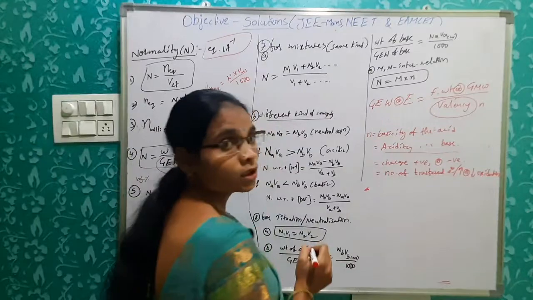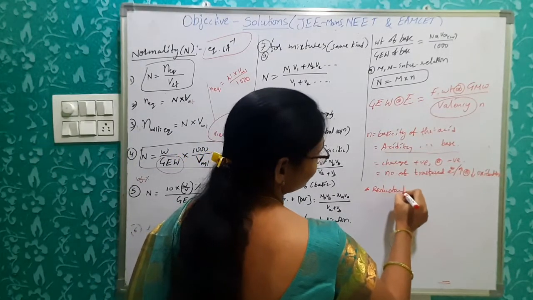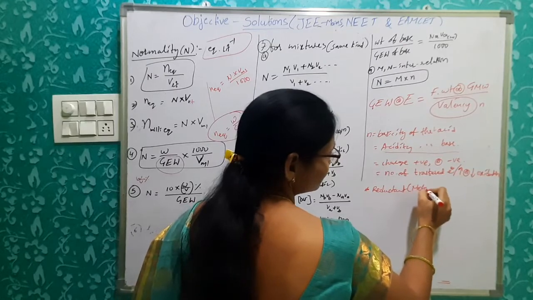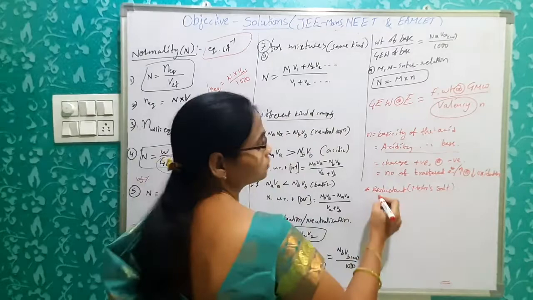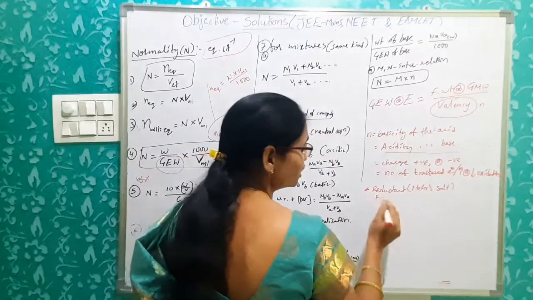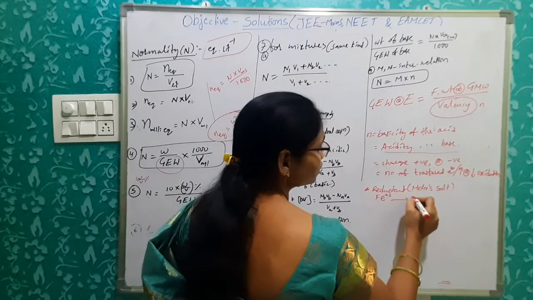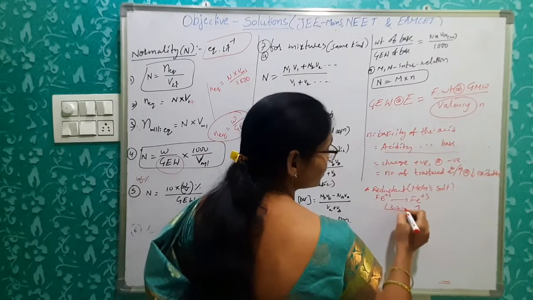Okay, next you can take reductants. A reductant is Mohr's salt. Here ferrous ammonium sulfate is Mohr's salt. Here Fe+2 converts into Fe+3 only. Change in oxidation number 3 minus 2 is 1.